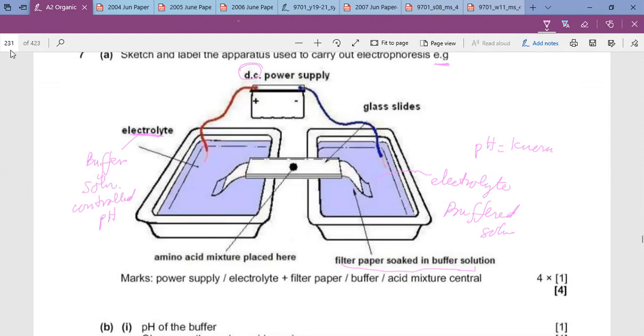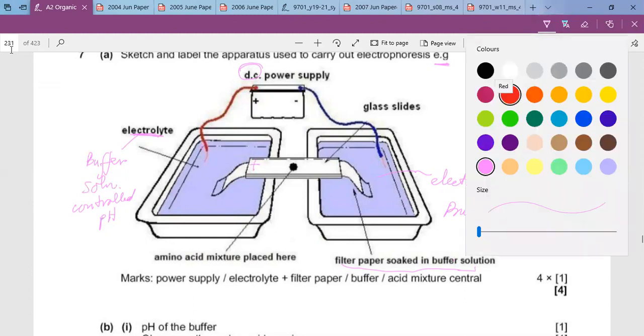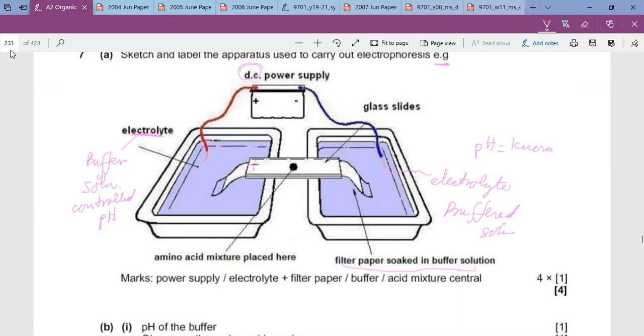That means this side will be positive, I'd better use a red color. This is positive and this is negative here. Now you put your amino acid mixture here in the middle. The point is, in this buffered solution, will your amino acid be charged neutral, negative or positive, or 2 negative, 2 positive, whatever it is? Then they will move accordingly.